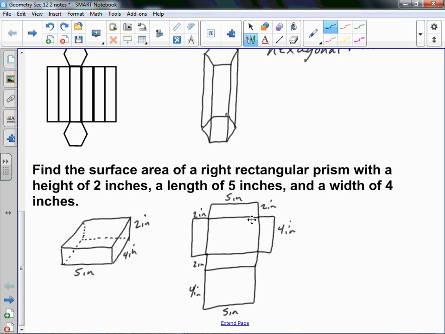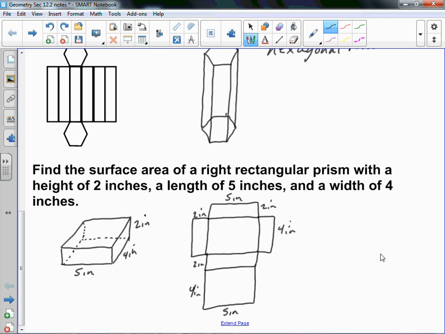So if we wanted to find the total surface area, one way to do that is to find the area of all the individual parts, right? So these are all rectangles.